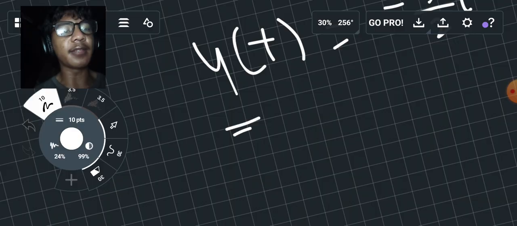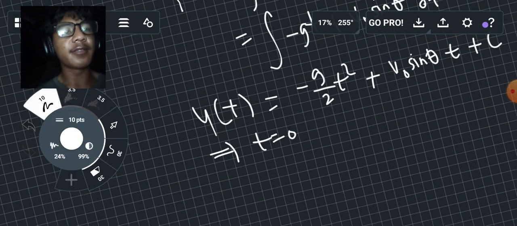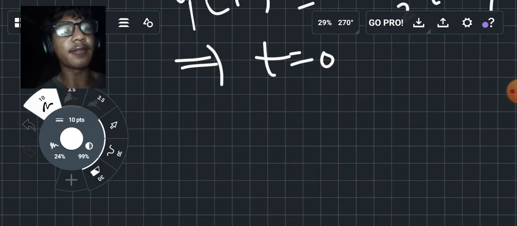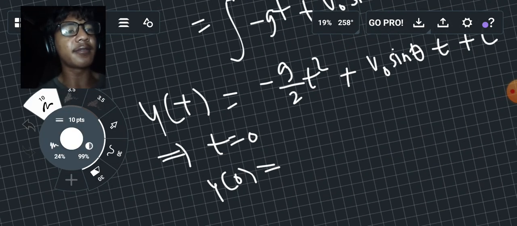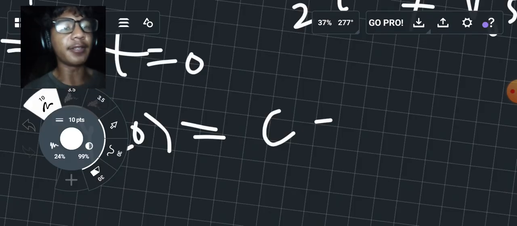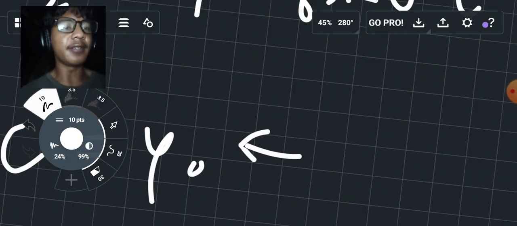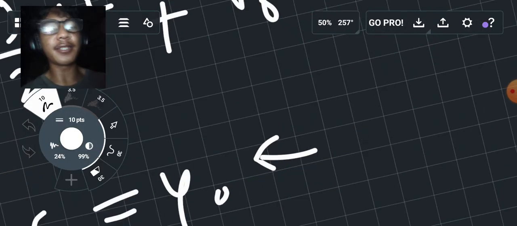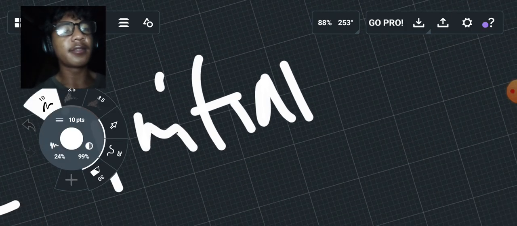And if we set t equals 0, okay, we get y of 0 is just what, c, or the initial position. So this is the initial position.